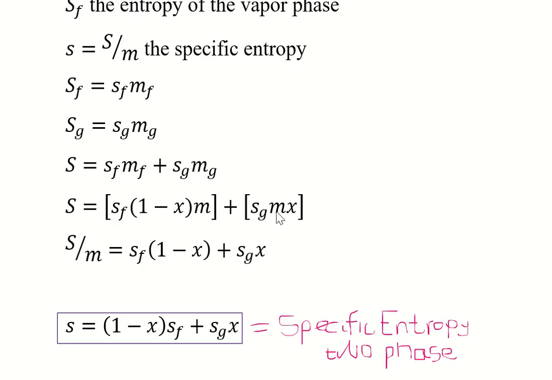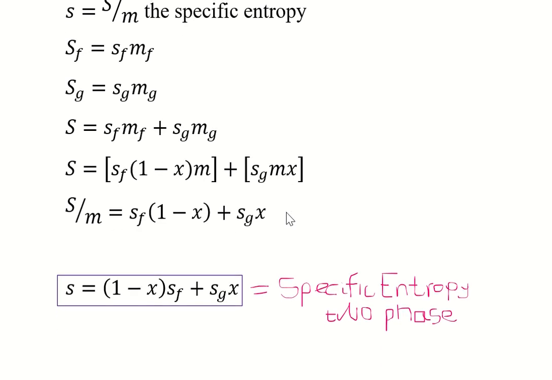And the same here, we introduce this as a substitution for the mass of the vapor phase by introducing what we call the quality concept. The quality X is equal to the ratio of the mass of the vapor phase over the total mass of the system.